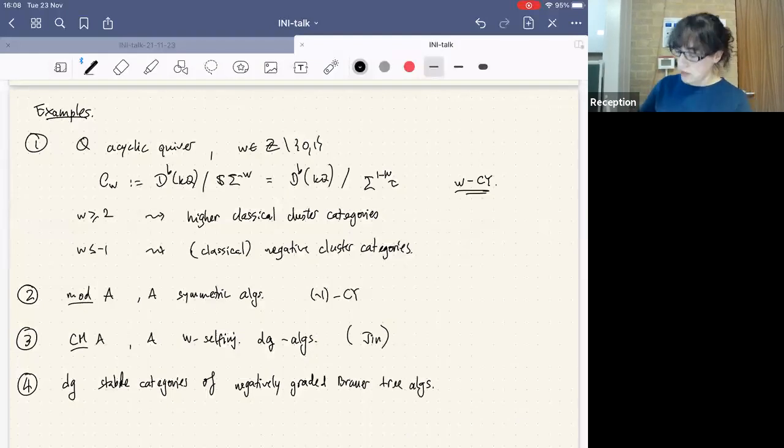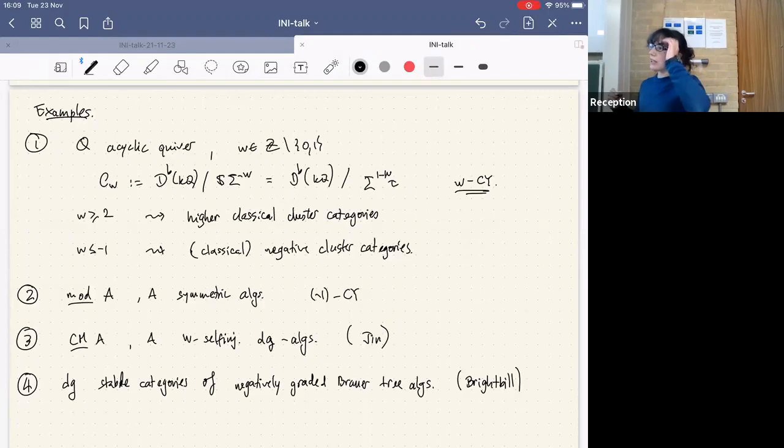Also negative Calabi-Yau, and this is recent work by Jeremy Brightbill. I've just seen that he's going to talk about this in the seminar in a couple of weeks' time. So it's an advert. Yes, these things exist and they are natural constructions, so why not? Let's study this.